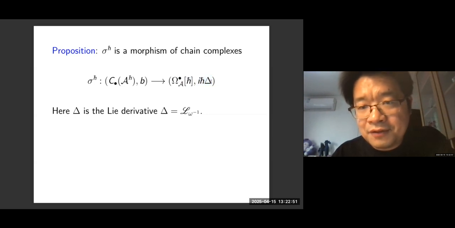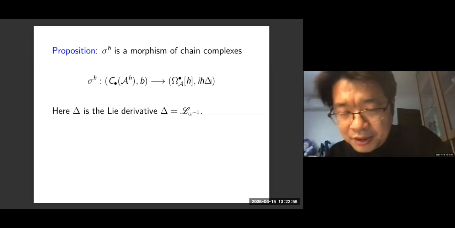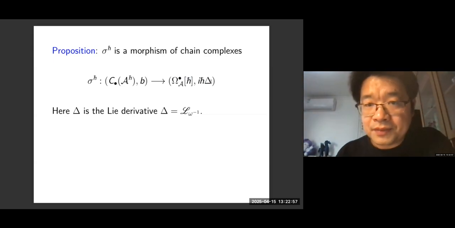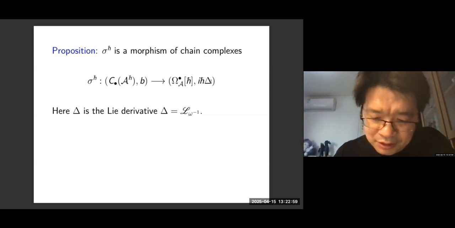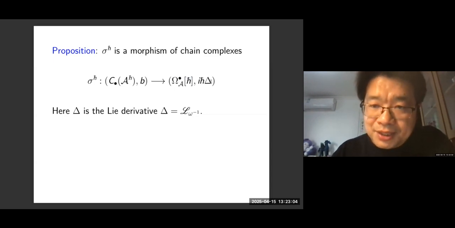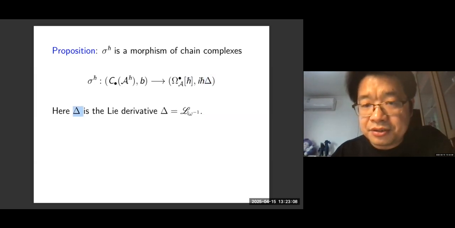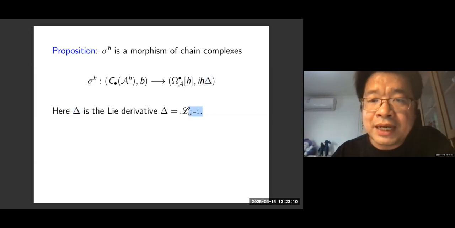Delta, in gauge theory, is a very famous operator. It's called the BV operator, arising from the general setting to quantize theories with gauge symmetry. But here, this operator delta is just a Lie derivative with respect to the Poisson bivector.